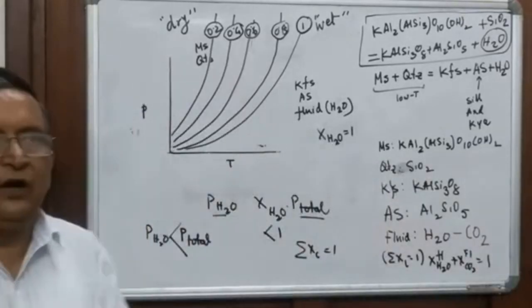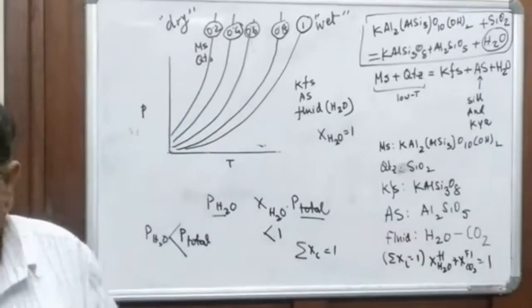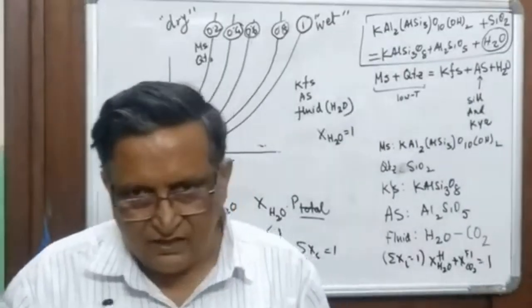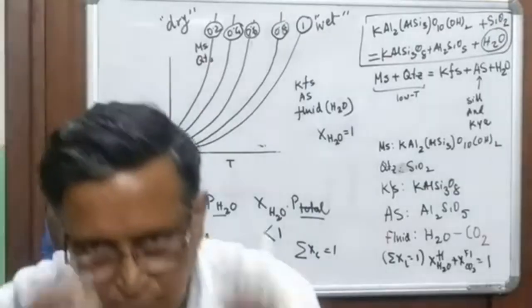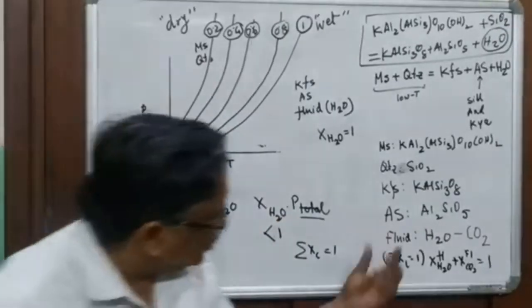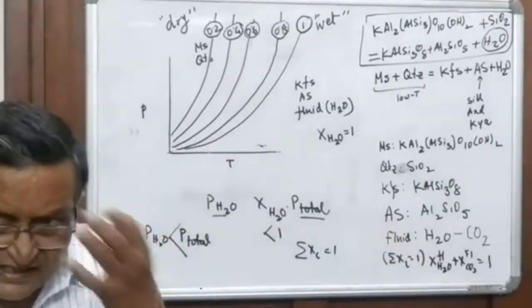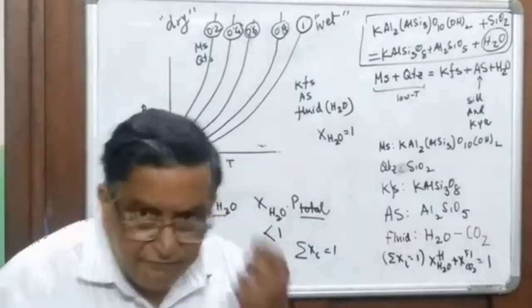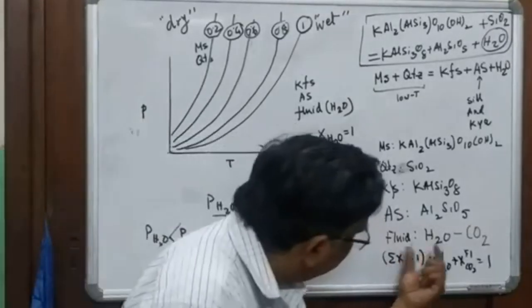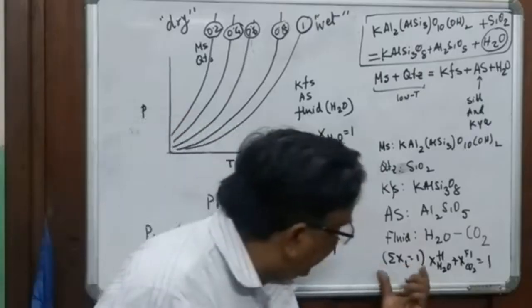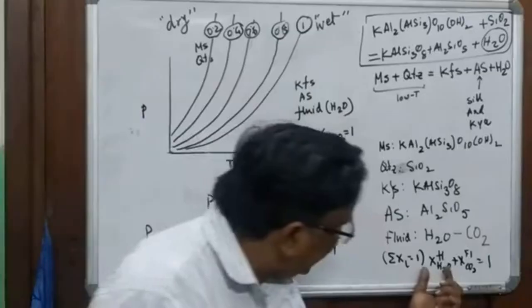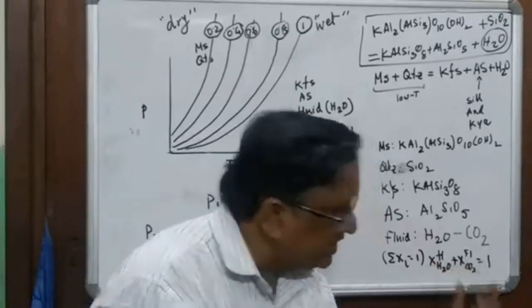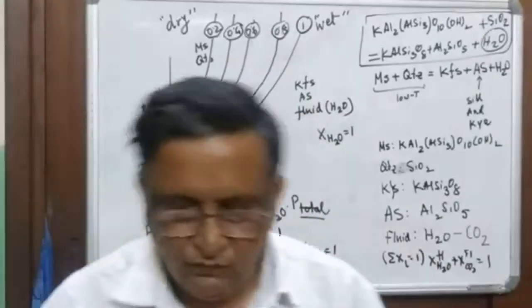So that now you say, okay, I'm a little bit relaxed. There's nothing to relax. This is just because I want to help you understand it. So when I say fluid phase, then your sigma xi is equal to 1. That means XH2O plus XCO2 is equal to 1. Right?